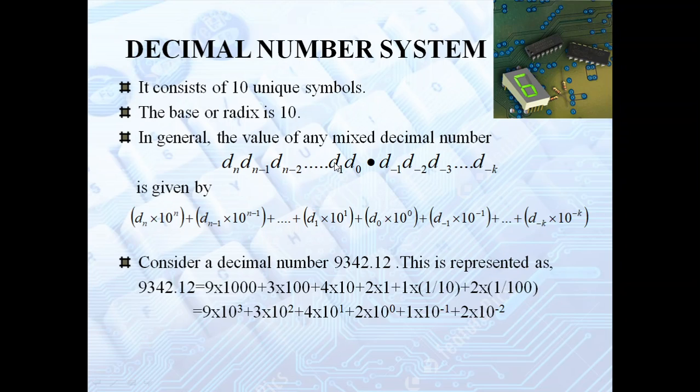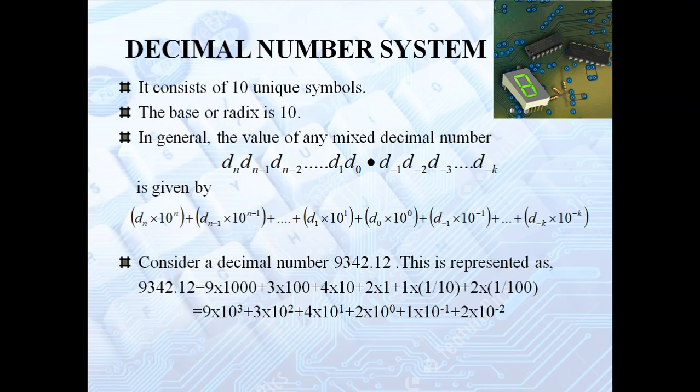The second integer position is d1 and it is multiplied by 10 power 1 and so on. After the decimal point, d minus 1 is the first fractional position and it is multiplied by 10 power minus 1 and so on.